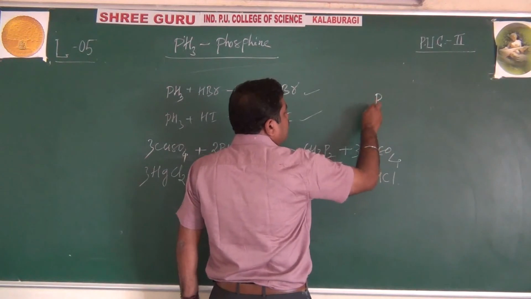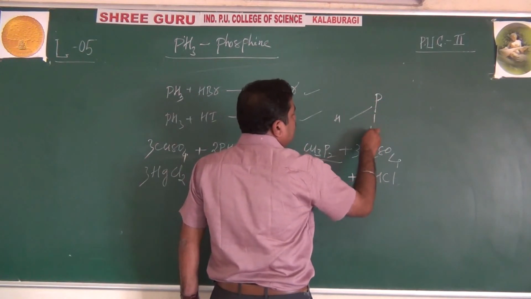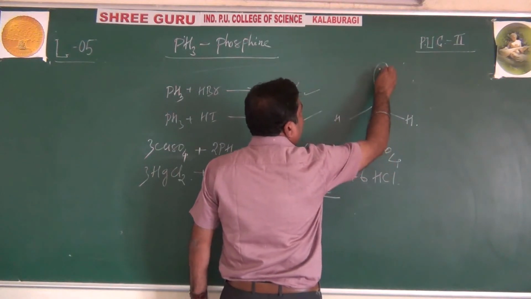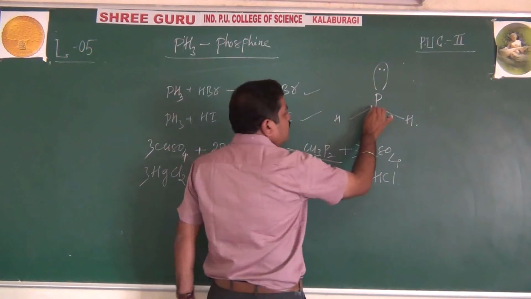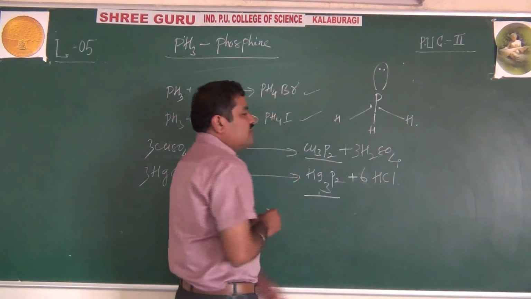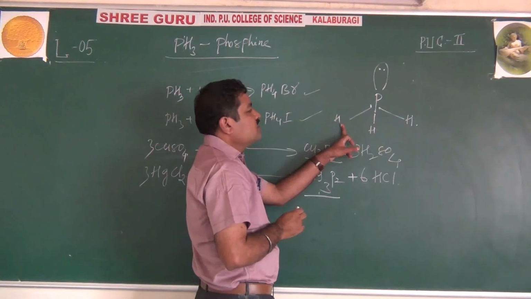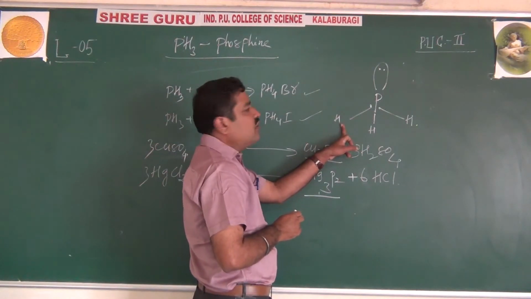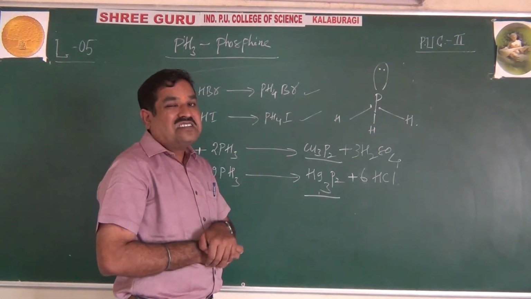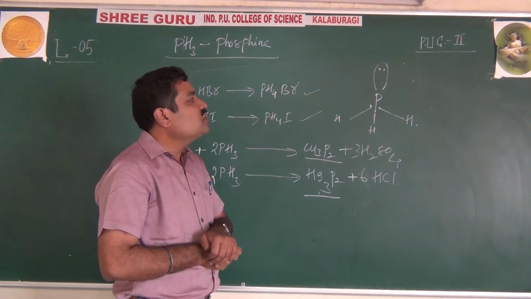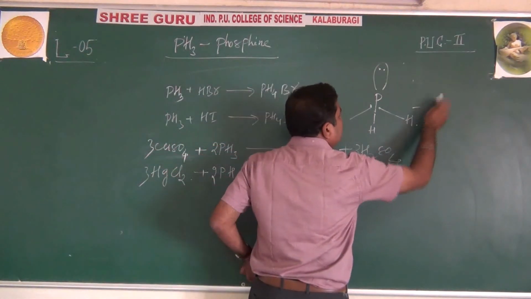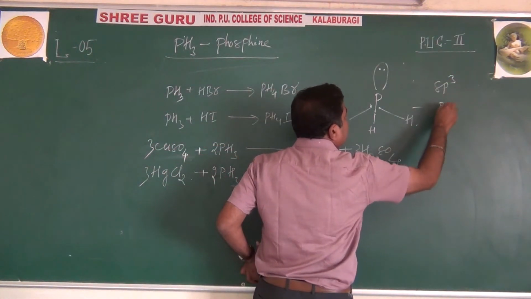One phosphorus atom is surrounded by three hydrogens and one lone pair of electrons. Phosphorus has 5 valence electrons, out of which it shares 3 with the 3 hydrogen atoms. So 3 bonding pairs plus 1 lone pair, total 4. It might be tetrahedral, but due to the lone pair it is a pyramidal structure, with sp3 hybridization but pyramidal shape.